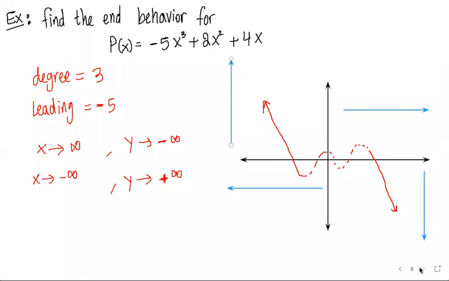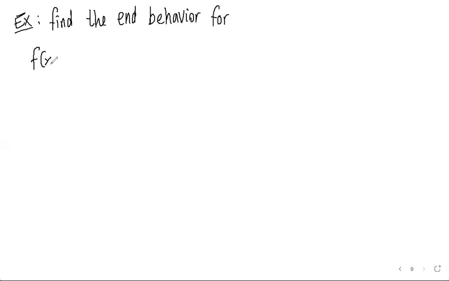Okay, let me give you another example. Find the end behavior for f of x equals 2x plus 5x squared minus 7x to the power 4 plus 2.